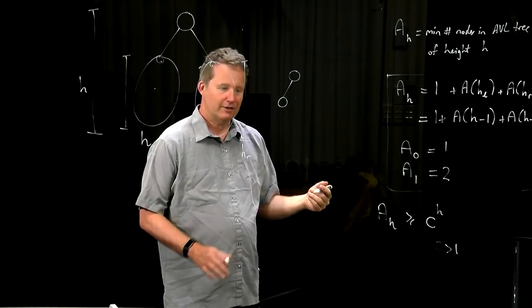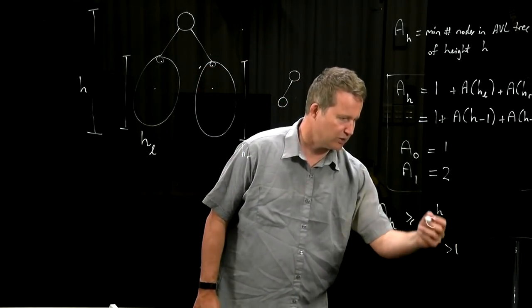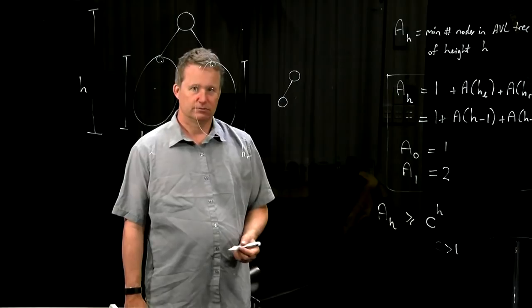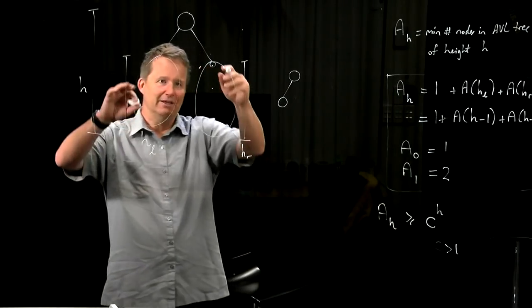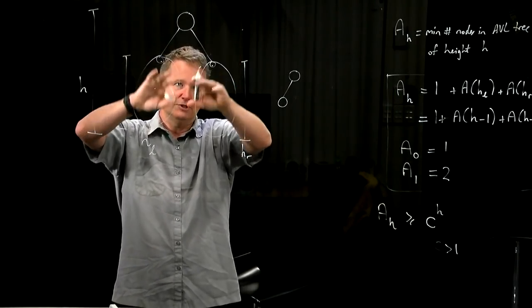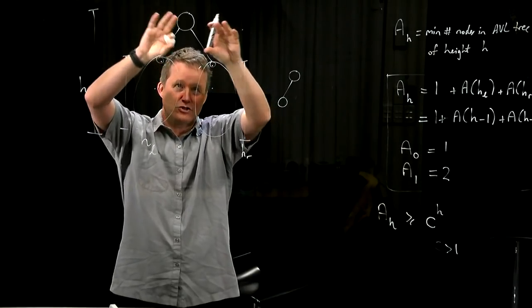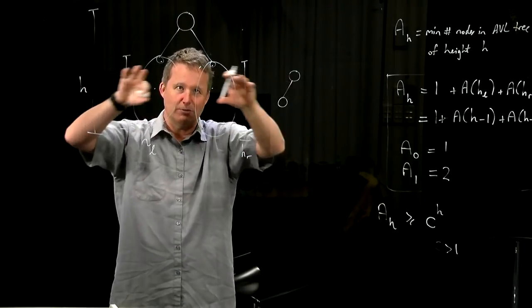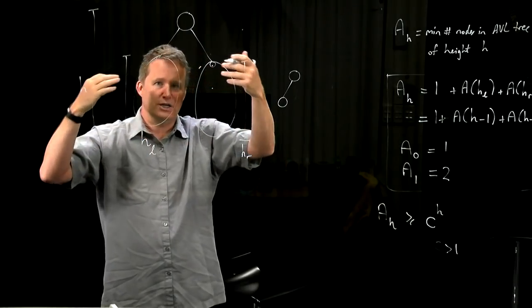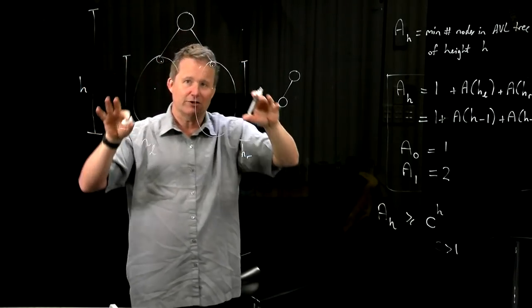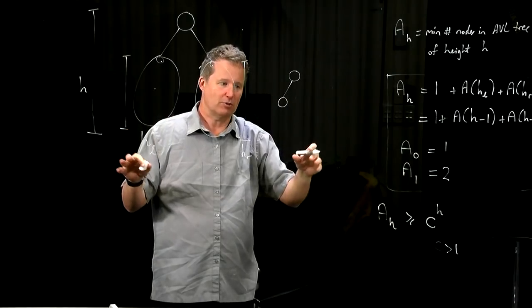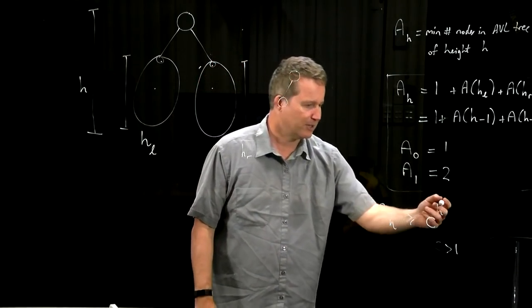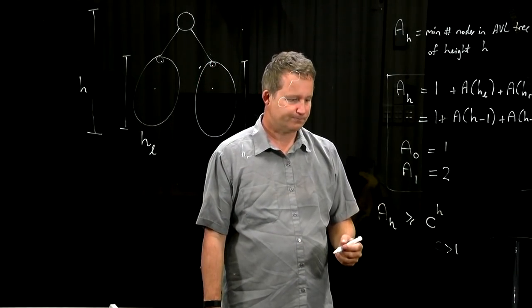It doesn't really matter. The point is it's growing exponentially with h. So even though you might not be getting 2 to the h, as in a perfectly balanced tree where everything doubles at every level, it grows fast enough as you go down because of this balance property that you actually get an exponentially large number there.